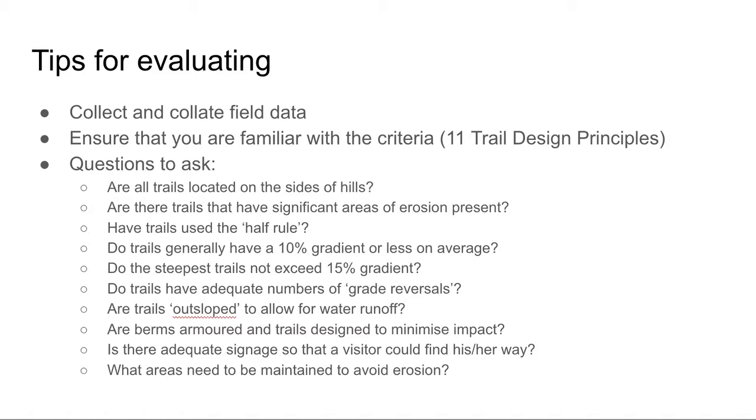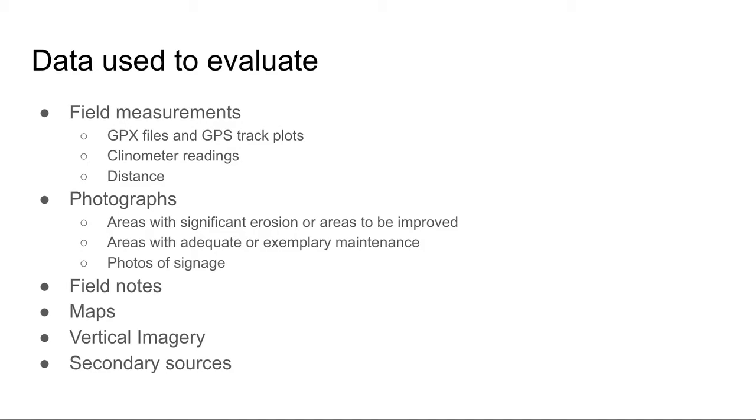And remember, these will help you make evaluations. So does the data show that all of the trails are outsloped, or maybe not? We've got some areas indicated by these photos that show that trails are insloped, causing significant pooling of water and erosion in some areas.